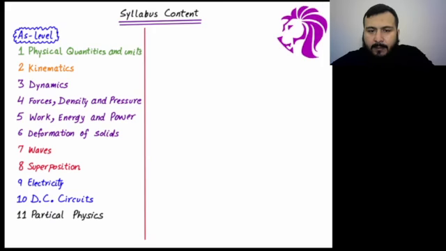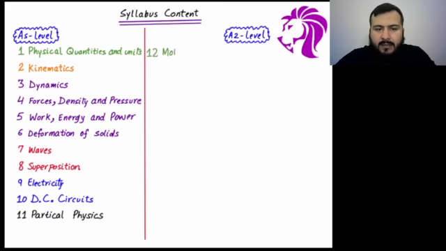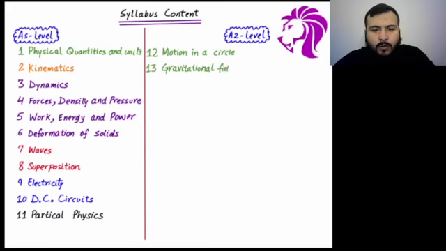Now since you are planning to go together for the 2 years, let's find the A2 syllabus. The A2 level syllabus has chapter 12 onward to chapter 25. The first chapter is circular motion, or what we call motion in a circle, but it's not the simple circular motion that you studied at IG.